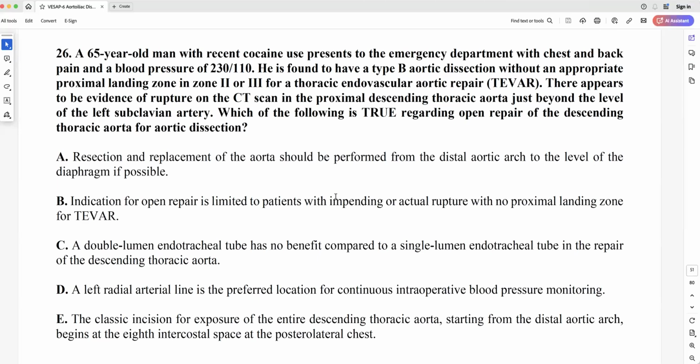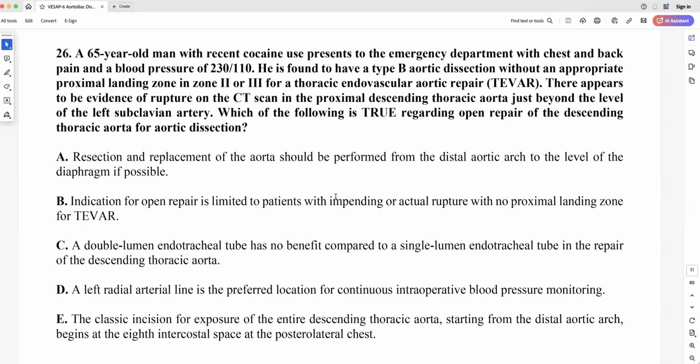Next. The left radial arterial line is the preferred location for continuous intra-op blood pressure monitoring. No. Why? Because you are going to clamp or close the left subclavian. Your clamp will be between the left common carotid artery and the left subclavian artery, so if you put an arterial line there, you lose it.